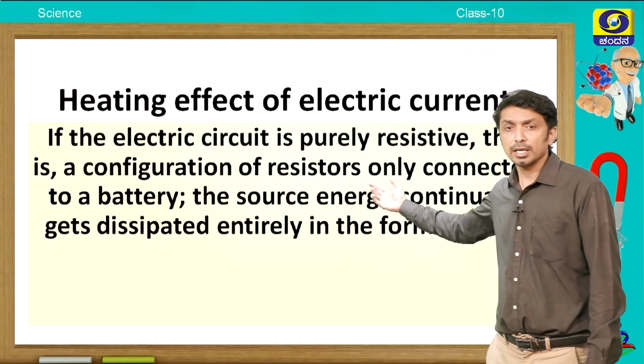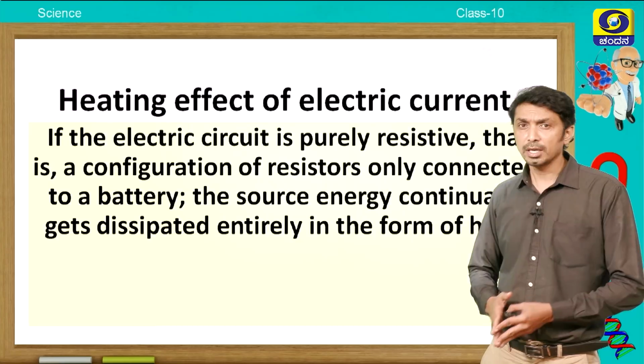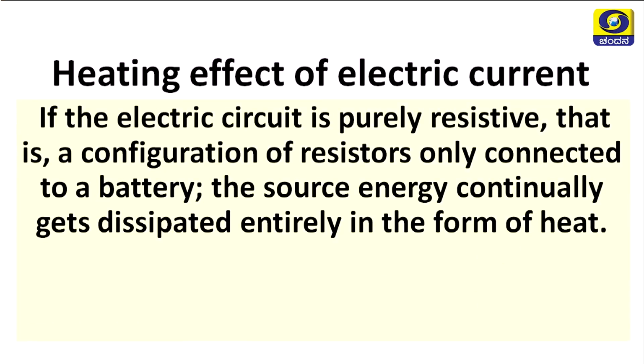If the electrical circuit is purely resistive, that means if we connect more number of resistances to the battery, then the electrical energy that we are supplying continuously gets converted in the form of heat.